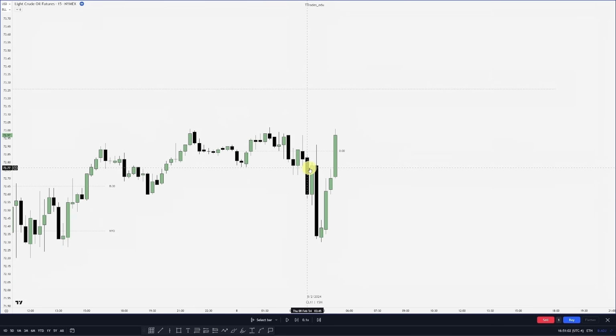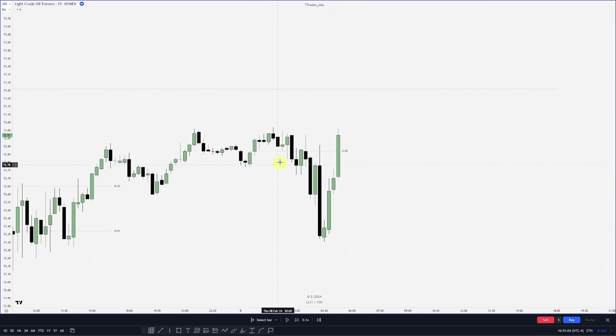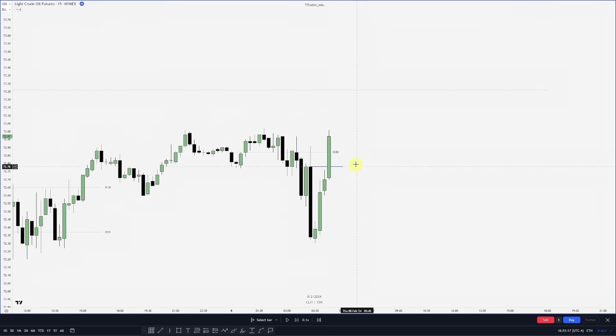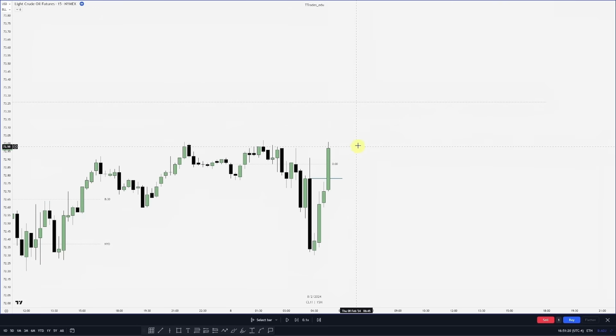And then we reach into the previous range. We have a down close candle, and then we close over this down close candle. So at 2 to 5 a.m., London reverses and changes the state of delivery. So what does that mean for New York? Well, ideally, if we are bullish, we're looking for a continuation higher during New York.